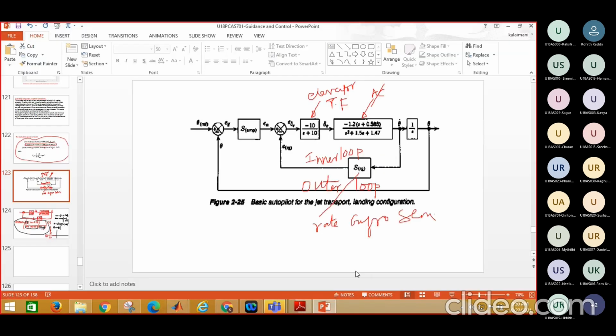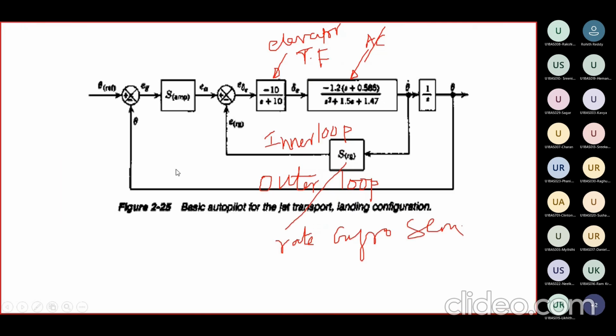While sketching the inner root locus, we select the rate gyro sensitive value. Here this SRG we can consider as KRG, the rate gyro sensitive value, which is 2.5. My damping ratio for the inner loop is 0.871.